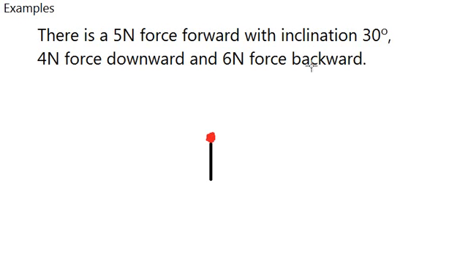Now we have a forward and a backward. So what we can do is draw forward and backward. It doesn't matter which is which, but remember the size doesn't matter. So in this case, I'm going to label the right-hand side as forward. So let's write forward.